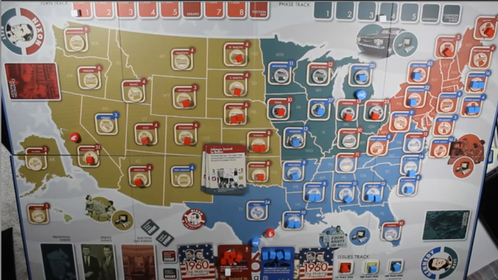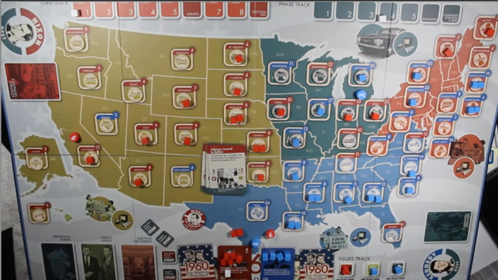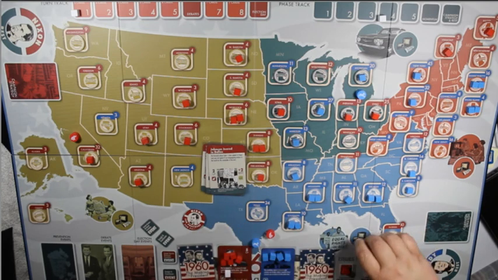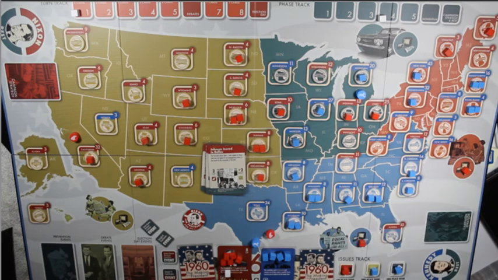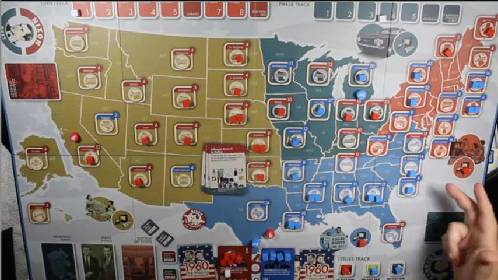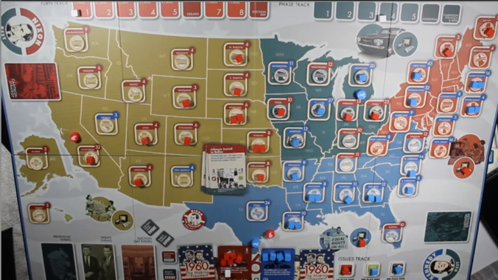Let us see. He's got 2 campaign points here in the 4th phase. And he is going to go economic, media support, to prevent Kennedy from swapping these around, hoping that it'll stay that way.